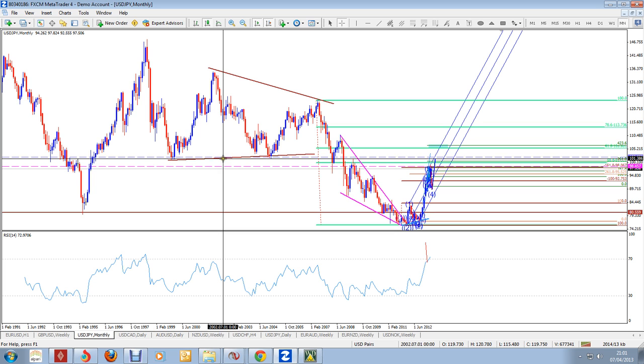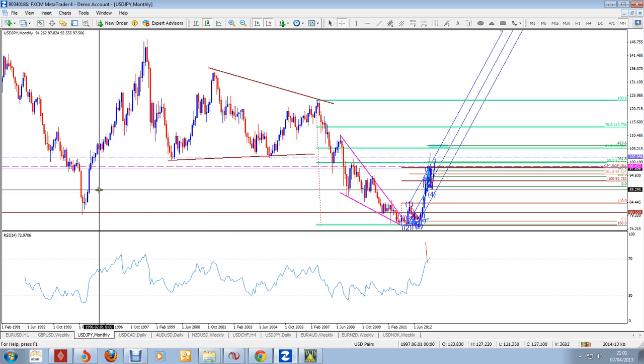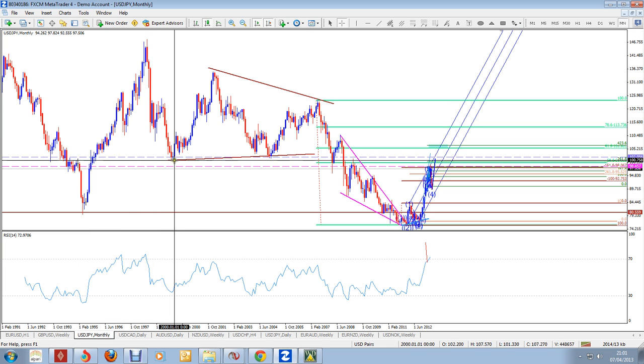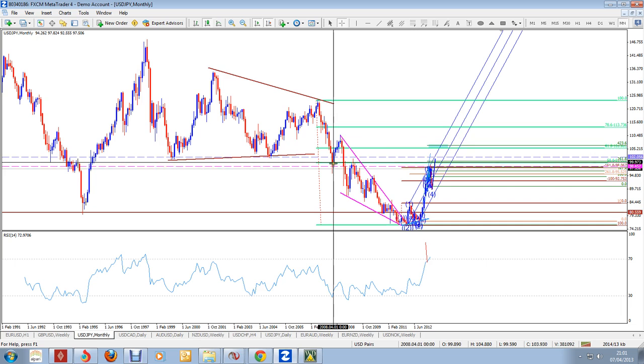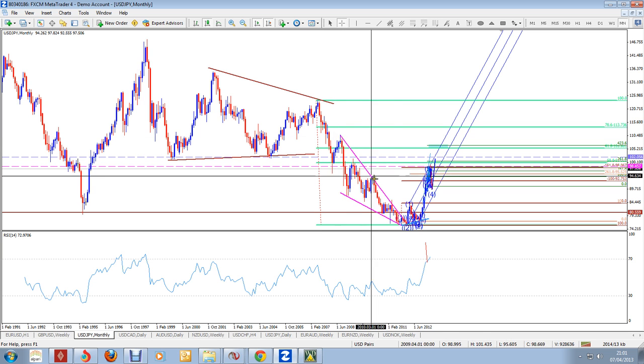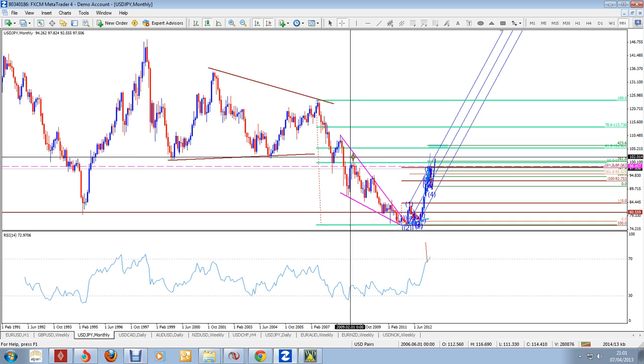Between 98 and 101 is a problem area, because we have basically this lot of support that broke below, but even in the process of breaking below, we temporarily just breached it mildly, tried to come back up again, and we've now dropped down below that. So I expect that area around 100 to be a resistance area, and it's also a round number.